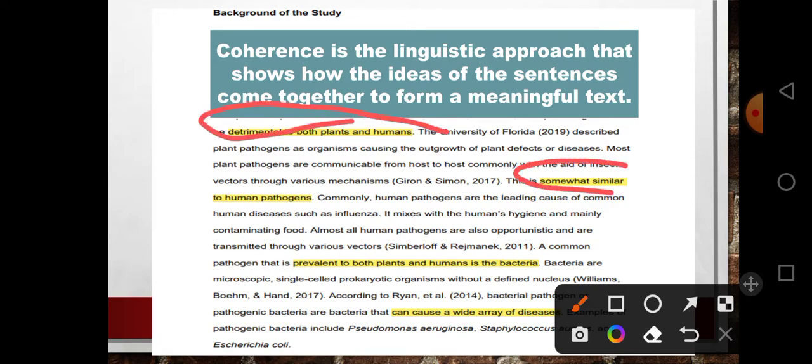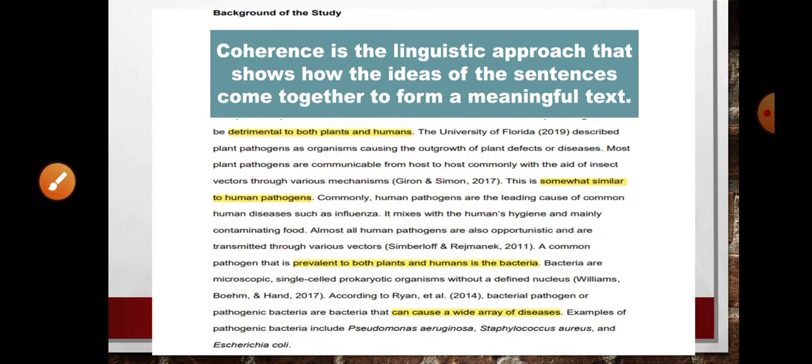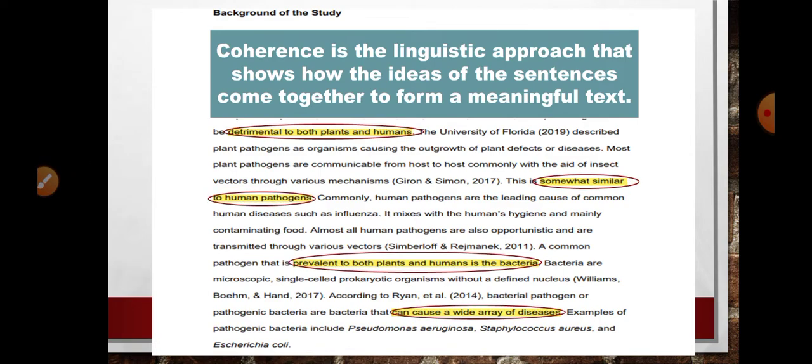But how do we connect such ideas to form coherence? Notice, class, that each sentence, let's say, transitioned from one idea to another. But how do they transition from one idea to another? Okay, so let's take a look, class, with the highlighted words once again.